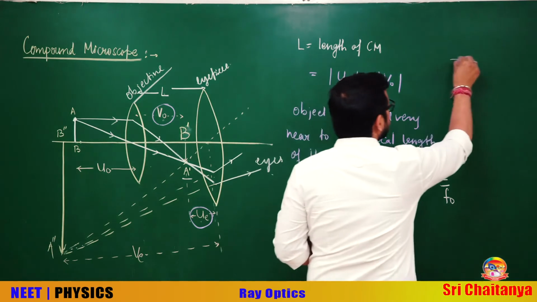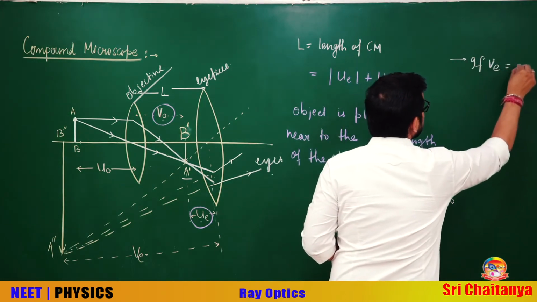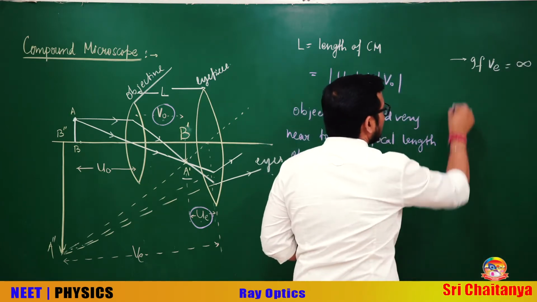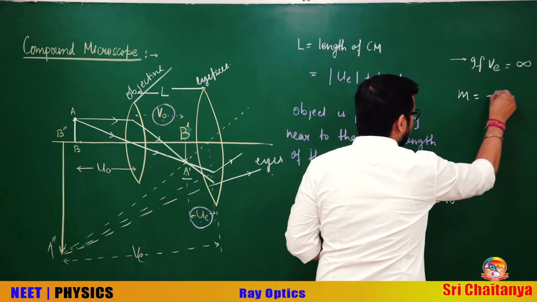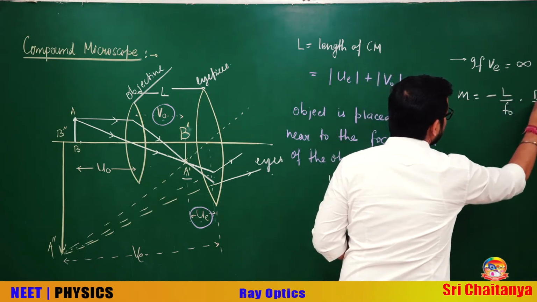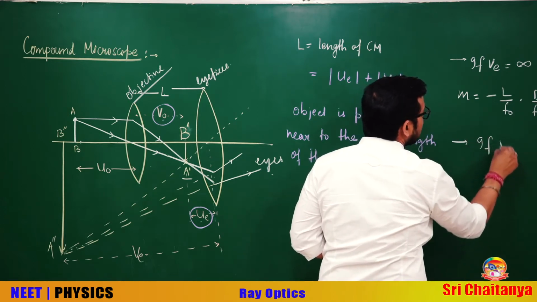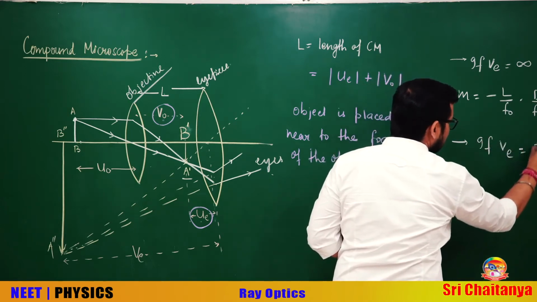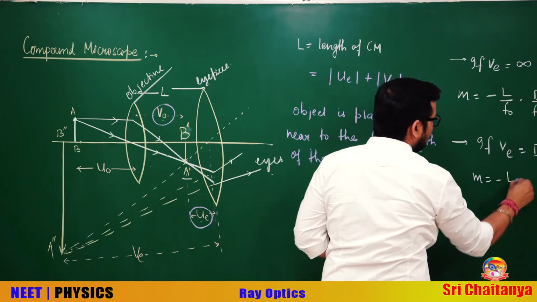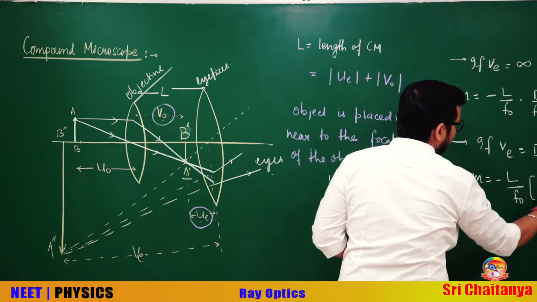So, in the two cases, if VE is formed at infinity, the first case, we can write the magnification as minus L by F naught into D by FE, and when the VE is formed at D, we can write the magnification in terms of length as minus L by F naught times 1 plus D by FE.